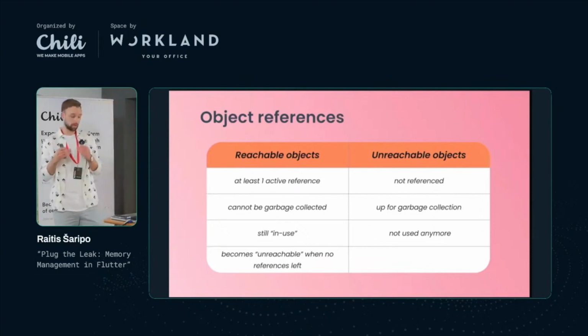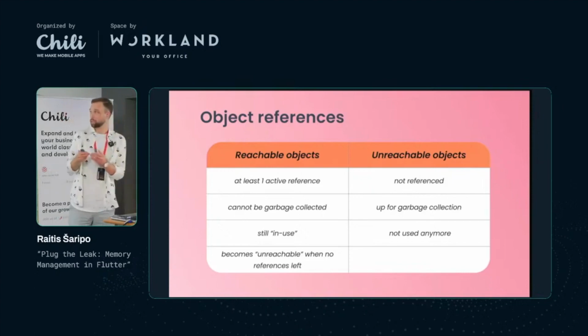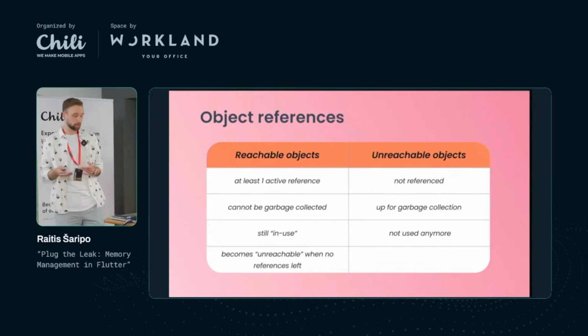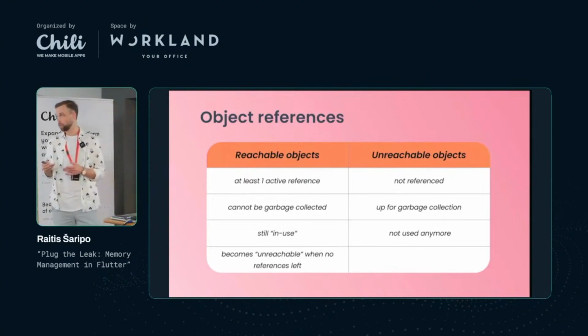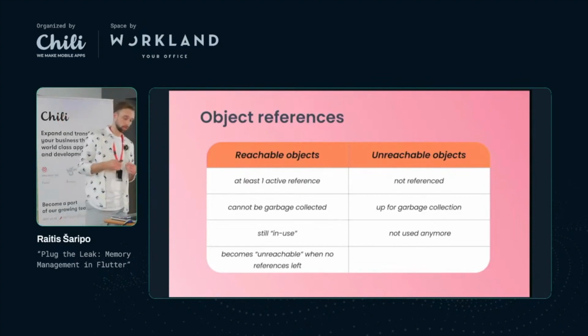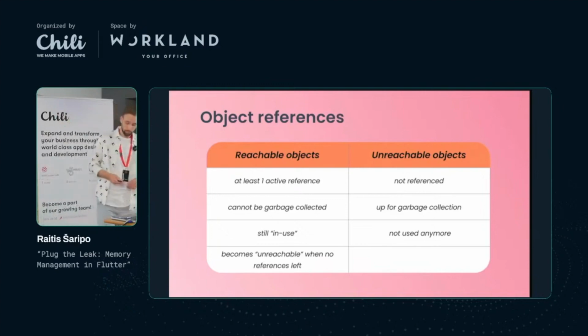It's also seen to be in use by the garbage collector, and that is the reason why it cannot be garbage collected. Reachable objects become unreachable when there are no more references left to them. So basically, an unreachable object is not used anymore, and it's eligible for garbage collection.